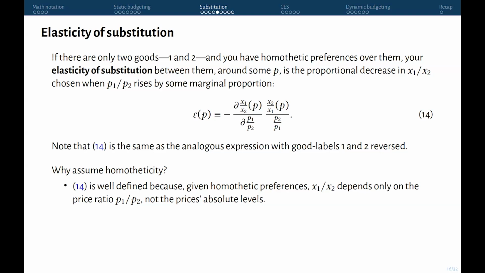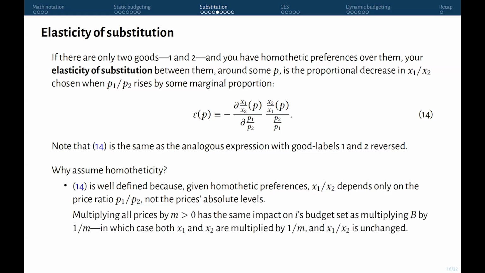P1 could stay fixed and P2 could go down 1%. Those would all be ways that you could have a proportional change in the price ratio. But they're going to induce different changes in the demand ratio, unless you've got homothetic preferences. Because under homotheticity, there's no wealth effect, right? You just buy 1% more of everything if you get 1% richer.